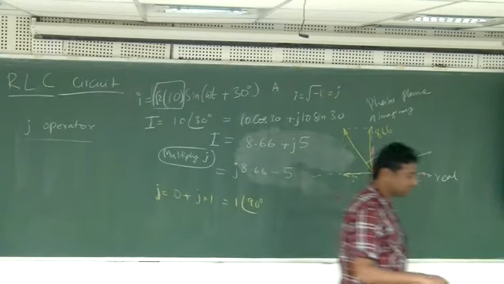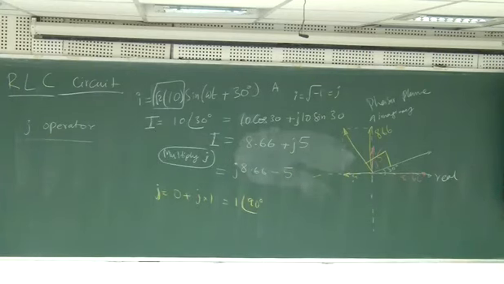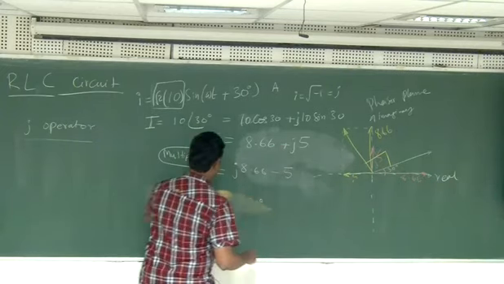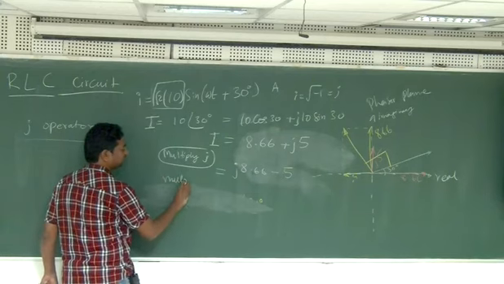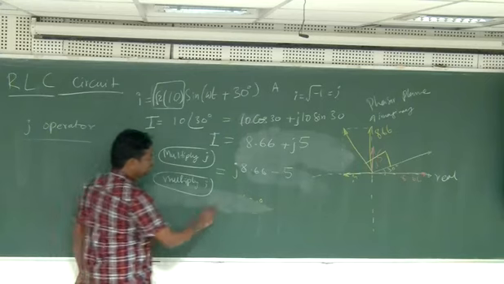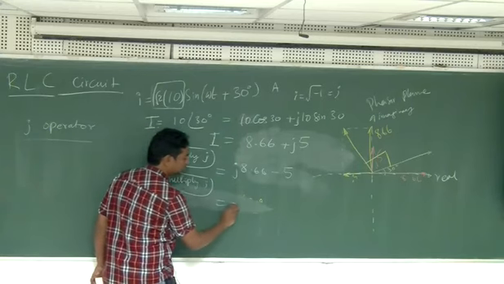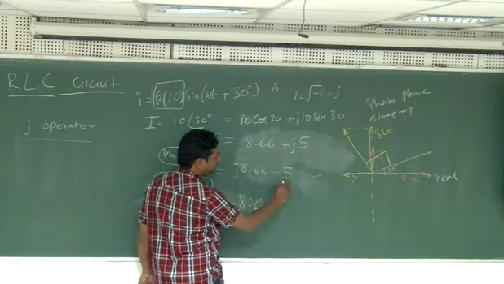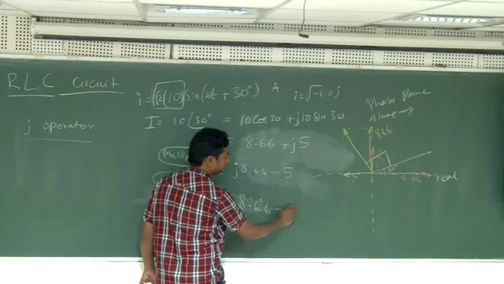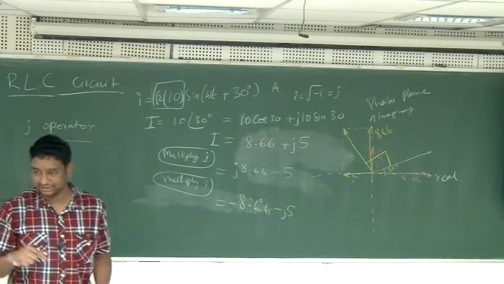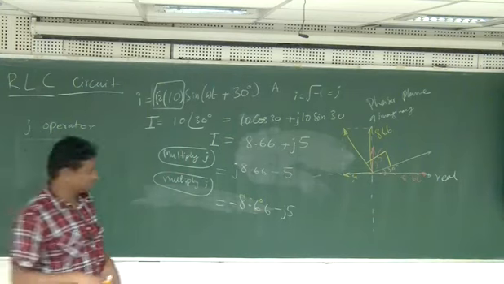So what happens if I multiply by J once again? So this is multiplied by J. So again multiply by J, 2 times I multiply by J. What happens? So J into J is minus 1, so it will become minus 8.66, and then minus 5 will become minus J5. Okay. So rotate by 90 degrees, again rotate by 90 degrees, rotation by 180 degrees. Okay.